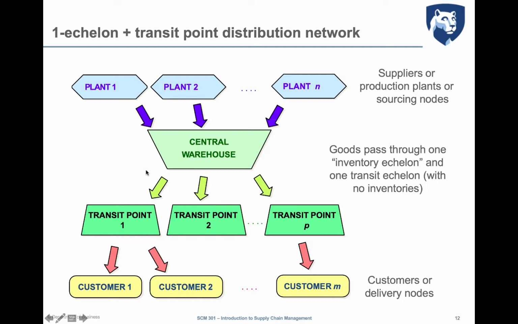Regional warehouses are real warehouses, in the sense that they are points where products are stocked. However, we have seen a solution where, after the first-level central warehouse, there is a further type of warehouse called a transit point. A transit point is a type of warehouse where stock is only in transit.